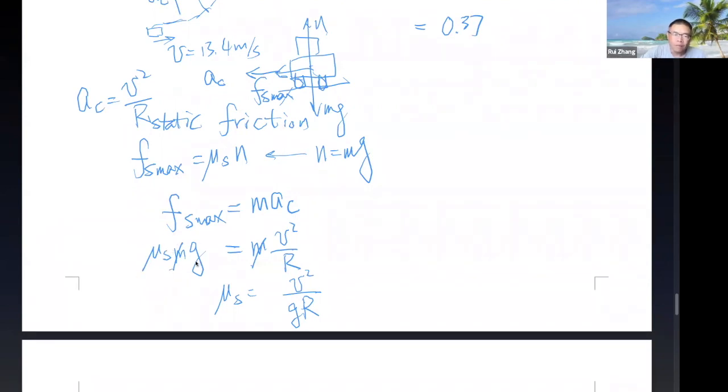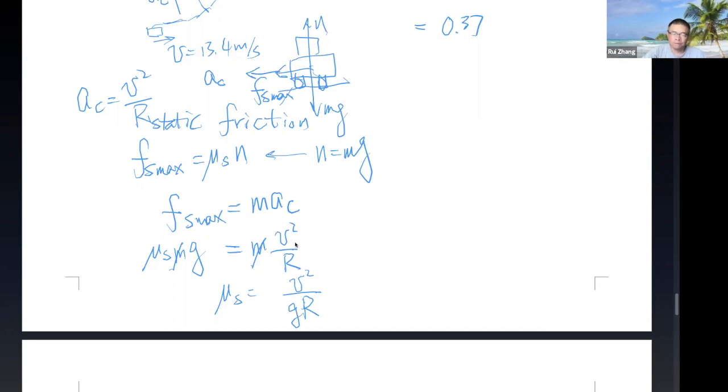So the larger v you have, the bigger static friction you need to provide the acceleration. That's why you feel it's harder to make the turn. The smaller v you have, the smaller f you need. You may not need the whole mu s to provide the maximum static friction. You may only need a part of it, and basically you're safer.